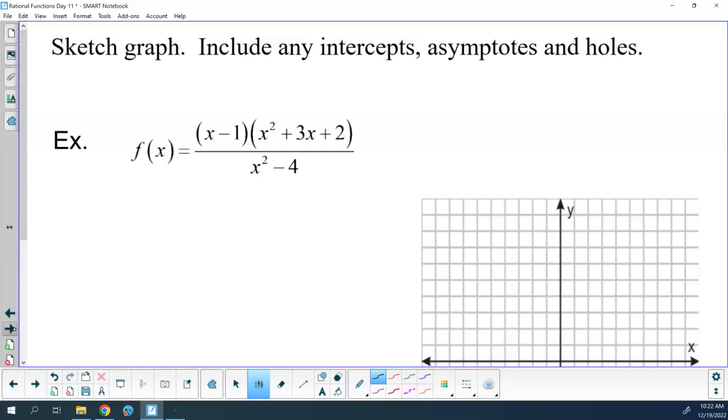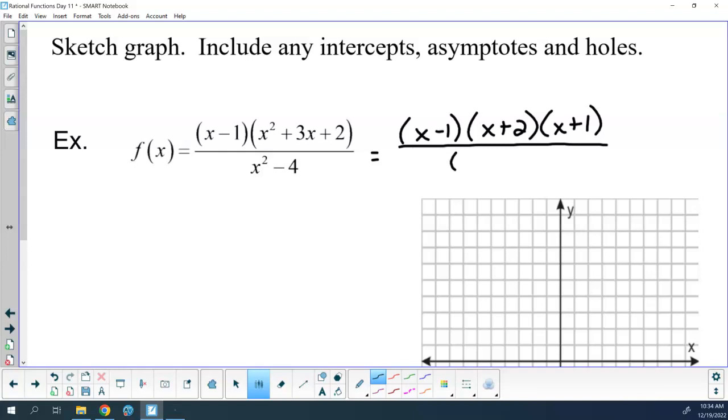Go for it. Step 0 says that I need to factor the top. Can the top be factored? Okay, so we've got x minus 1, and then we've got x plus 2 and x plus 1. On the bottom, can the bottom be factored?